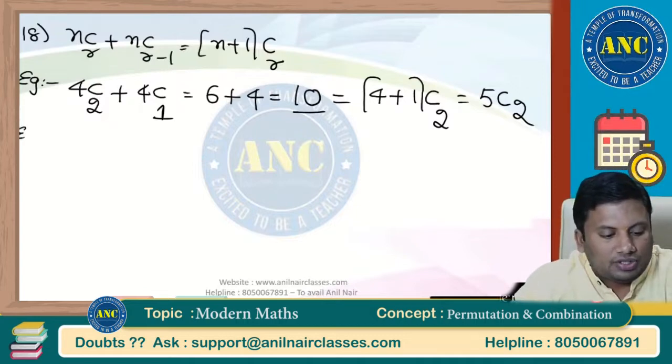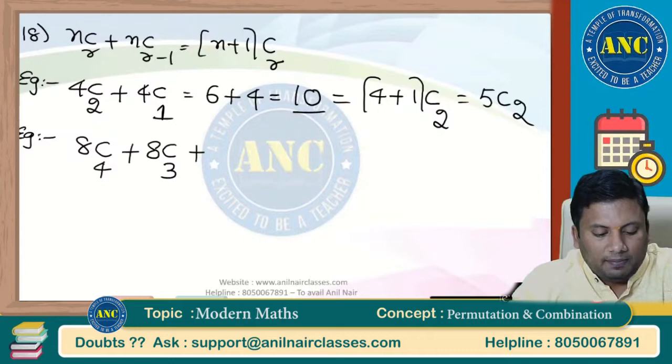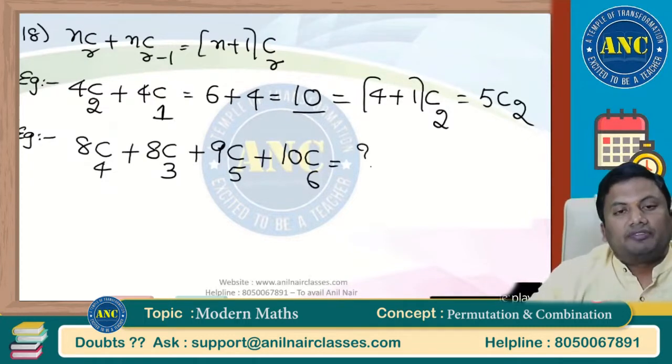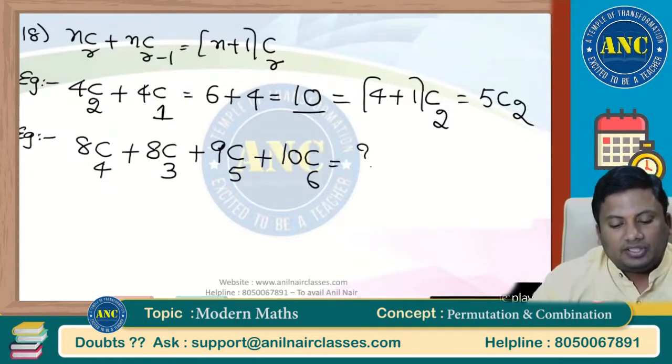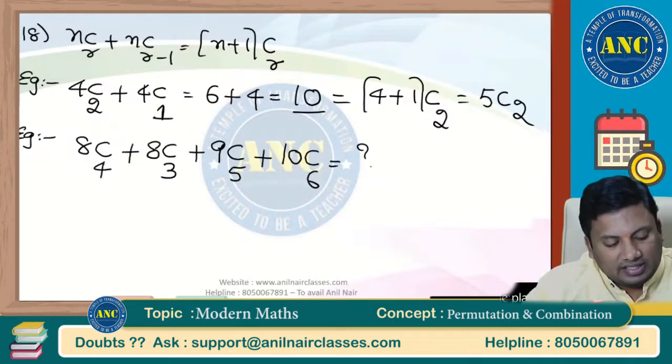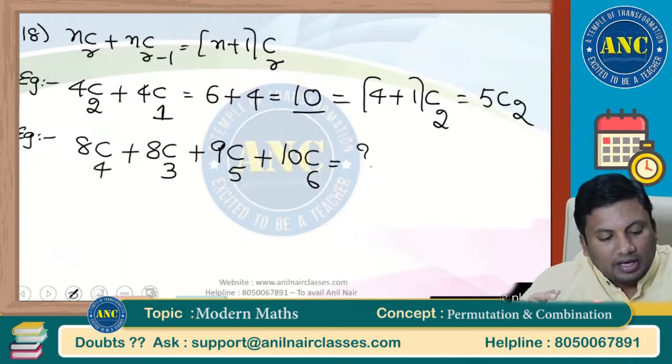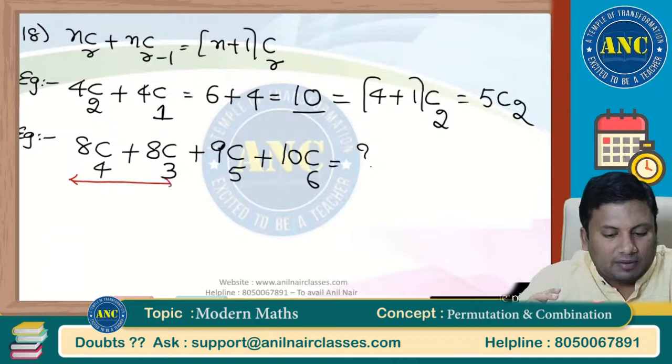Where is it used? In your examination, this question was asked: 8C4 plus 8C3 plus 9C5 plus 10C6. Now if you observe, nCr plus nCr minus 1 is n plus 1 Cr.